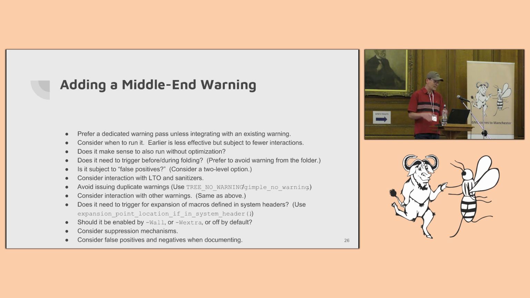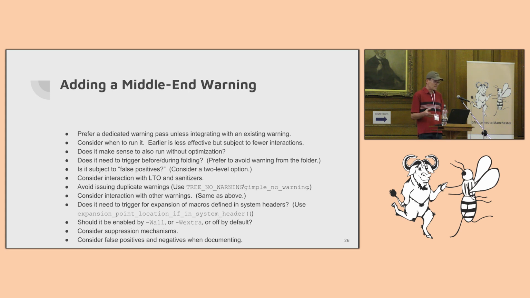I myself have violated that guideline, and I've been slapped over the hand a few times for doing that. And I can certainly see the benefits of segregating a warning into its own pass rather than polluting the entire compiler with the warning code.